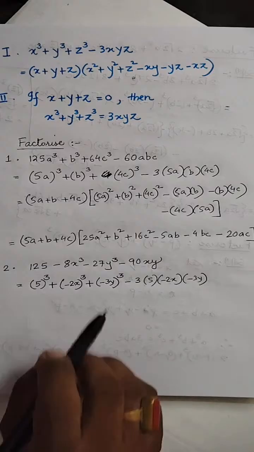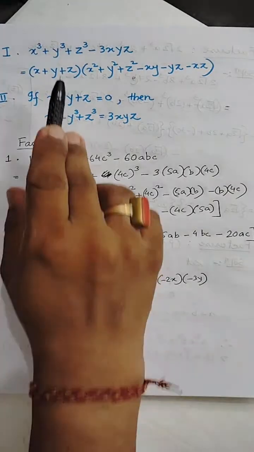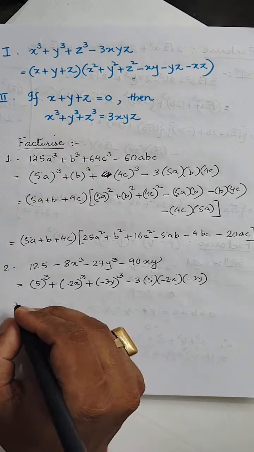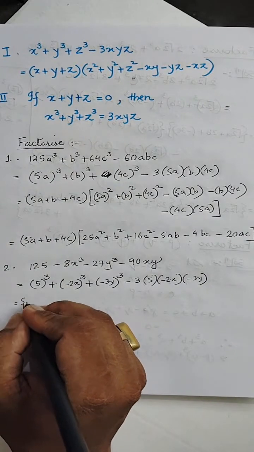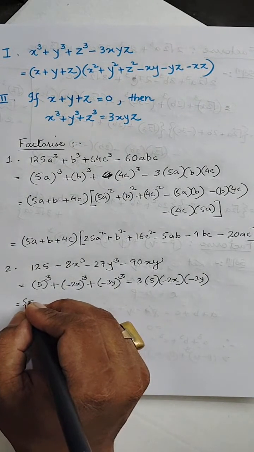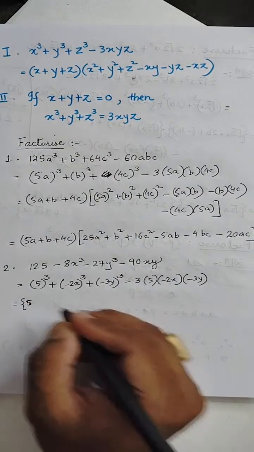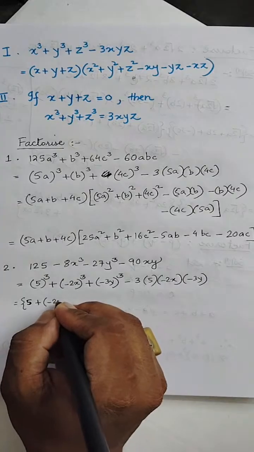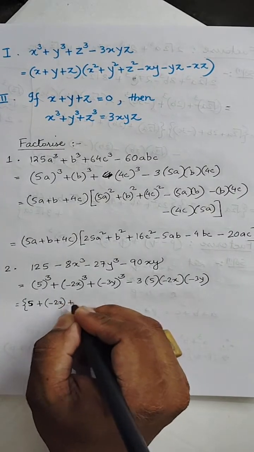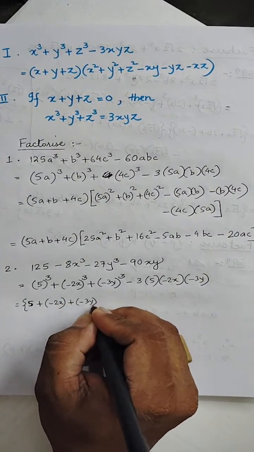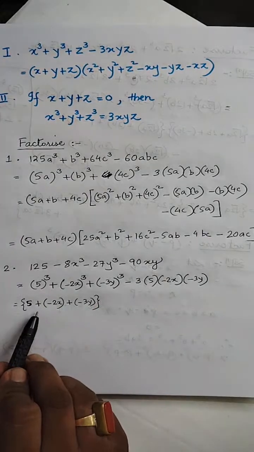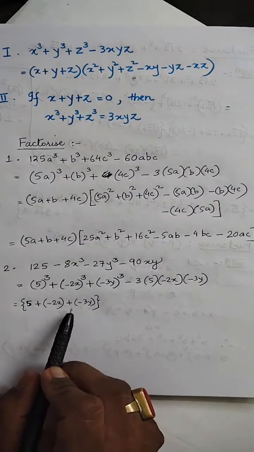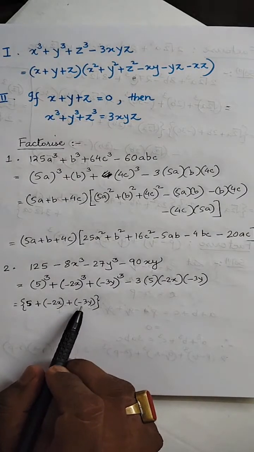Okay, now that we have broken this up, we will expand using the identity. So I have written this as 5 plus minus 2x and plus minus 3y.